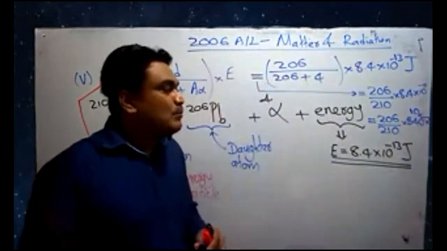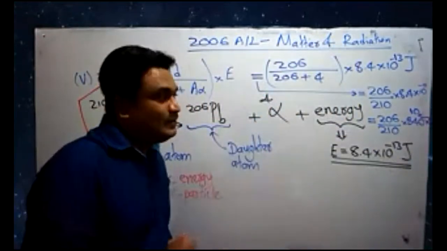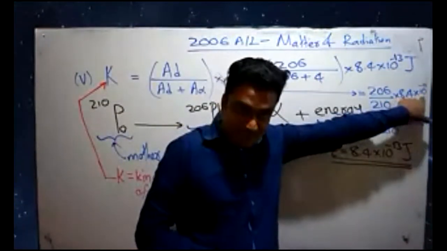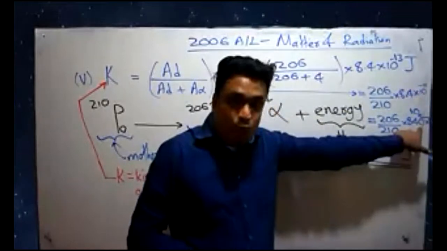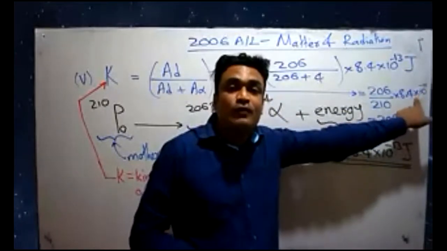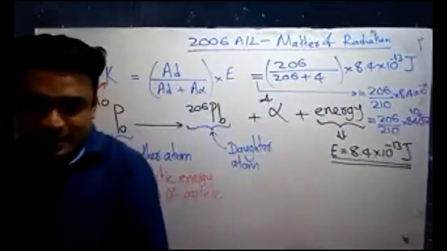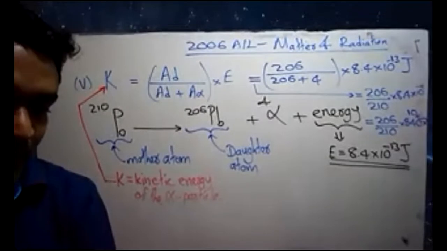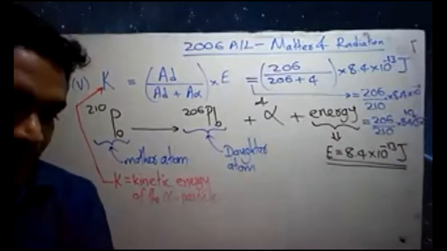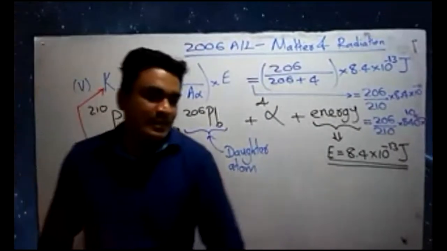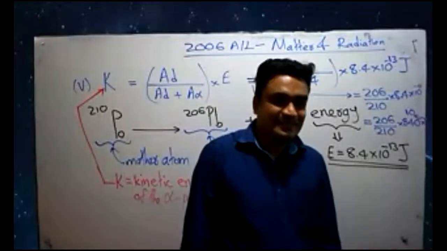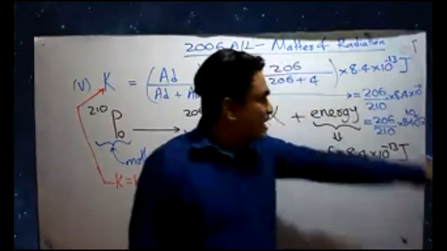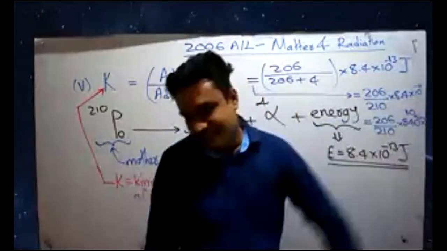If I convert 8.4 into 10 to the power minus 13 as 840, what will be the power of the term 10? Somebody unmute the mic and tell me. Tamai? What should be the power of this 10? Think and tell me.